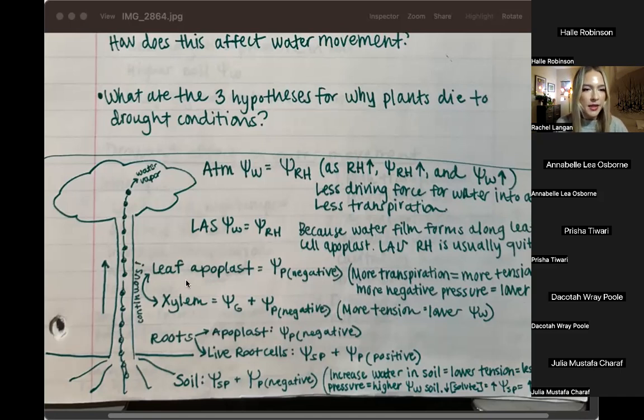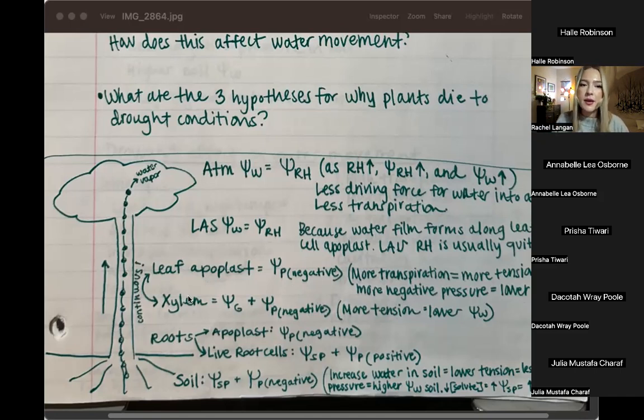Okay, next we have the xylem, and it's important to realize that the xylem is continuous with the leaf apoplast. It's also continuous with the root cell apoplast. So all of these are influenced by that negative pressure. And when you get lots of evaporation, you should imagine pull to all of these areas. You're pulling it all the way up from the roots.